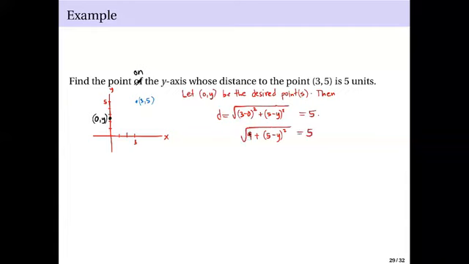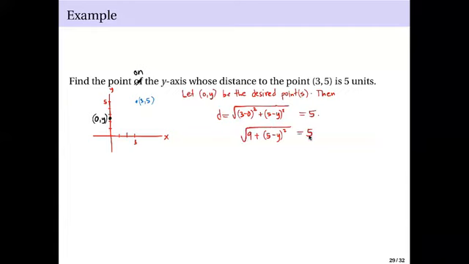And next, you square both sides of the equation. You will get 9 plus (5 minus y) squared. This is equal to 5 squared, and this is equal to 25. You square this side, you square that side.